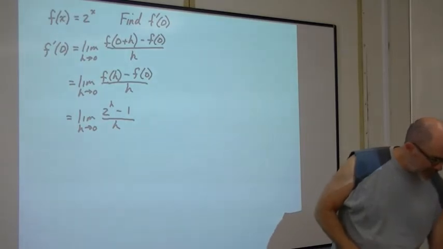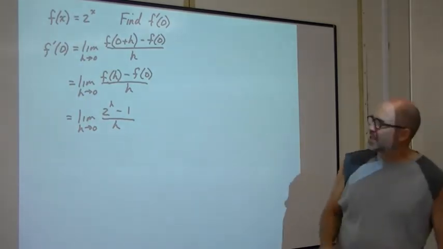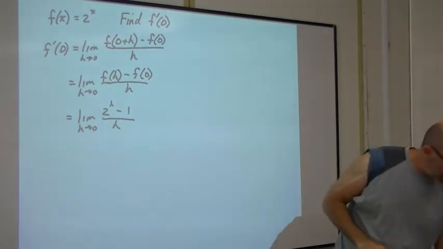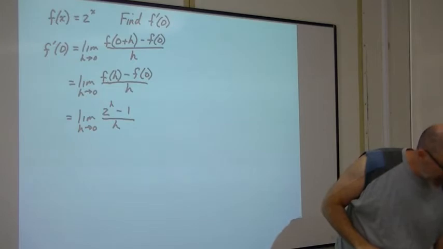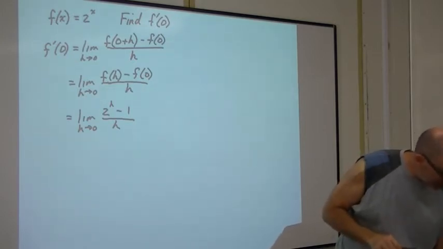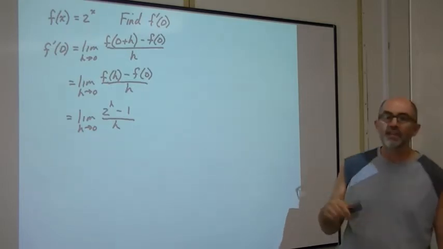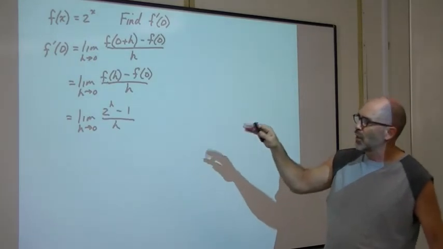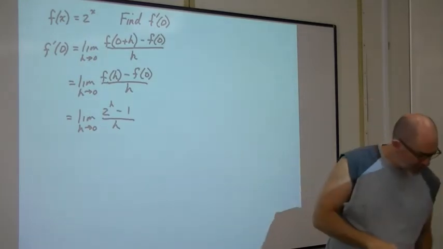They start with 1/10, so 2 to the 1/10 minus 1 over 1/10, and you end up with 0.718. Put in 100th, and you get 0.696. Put in 1,000th, and you get 0.693. Put in a 10,000th, and you get 0.693 again. So basically, we've settled to one particular value, 0.693.